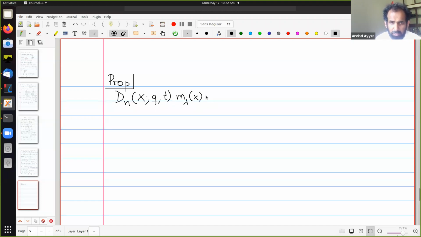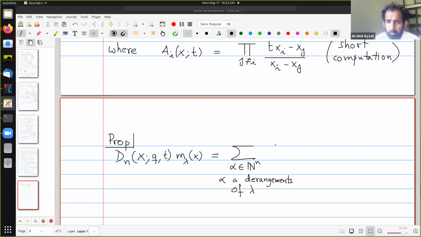This is small x, that's capital X. Then you get a sum over derangements alpha of lambda, that is, permutations without fixed points, for those who don't know, of the product i equals 1 to n of (1 plus x t to the n minus 1) q to the alpha_i, acting on s_alpha of x.